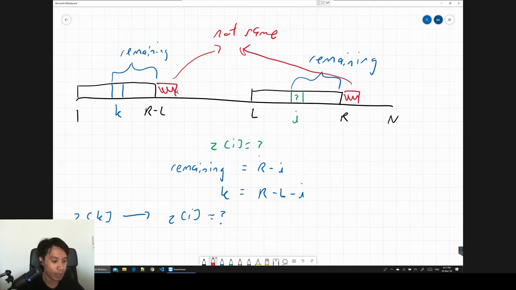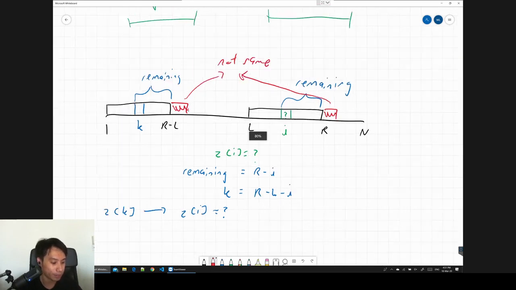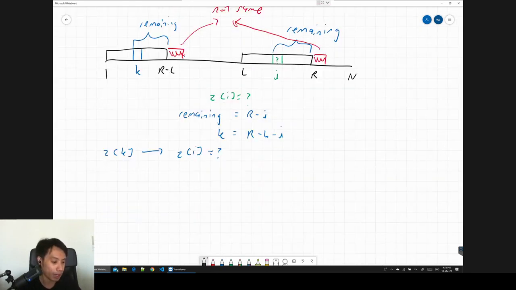Once I've defined all of my diagram here, your Z algorithm is just a very simple if-else algorithm, nothing else. It relies on case 1 and case 2.